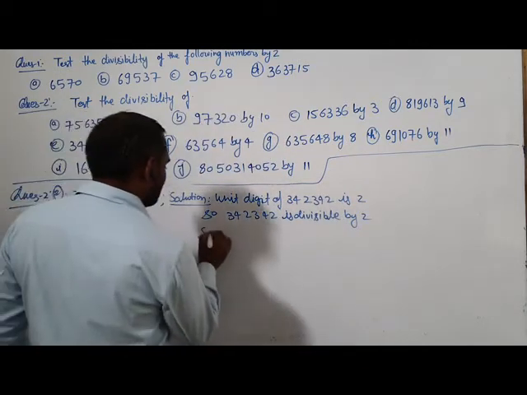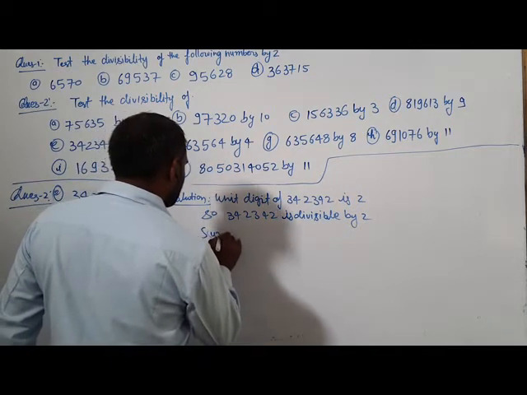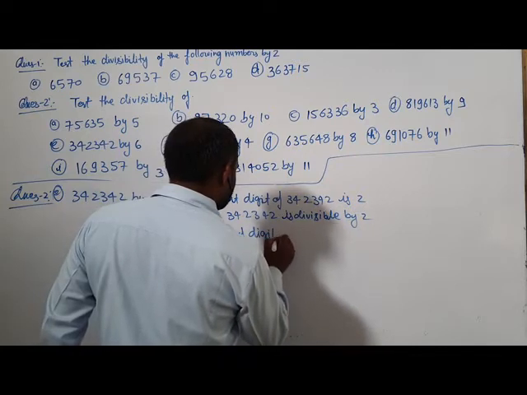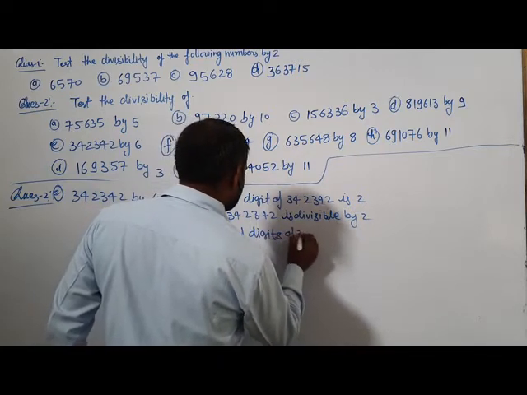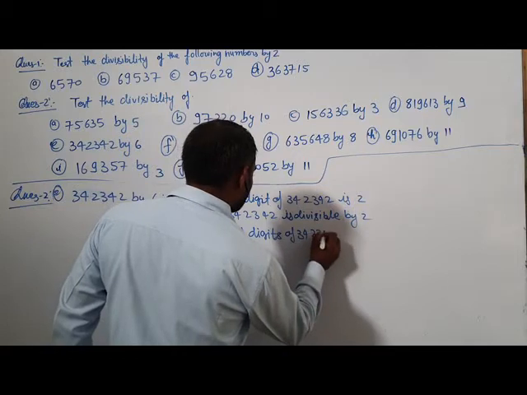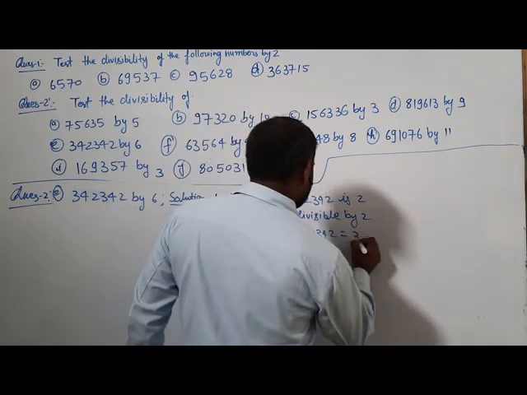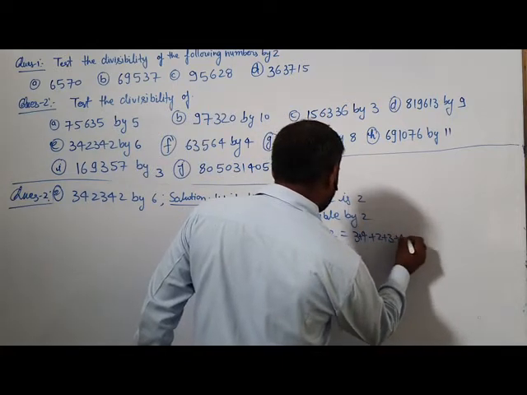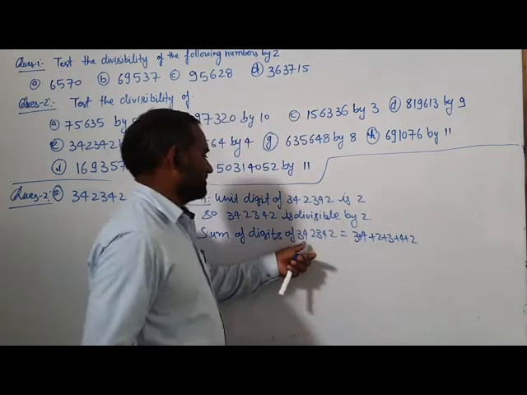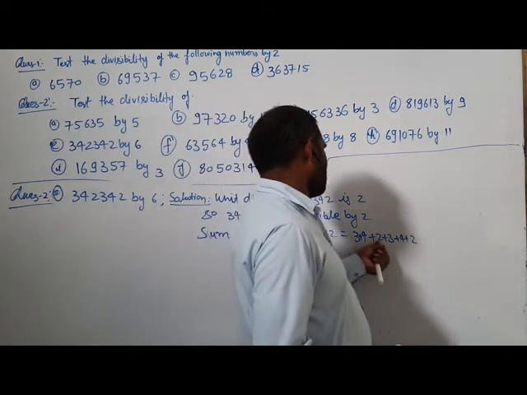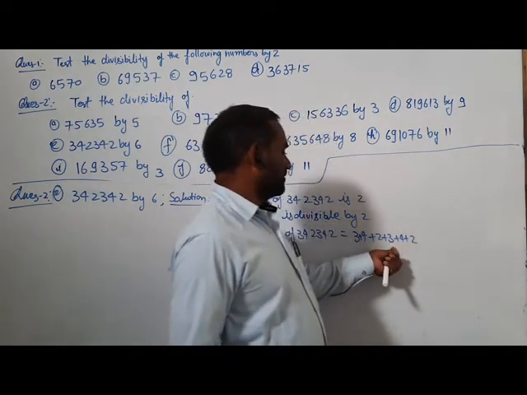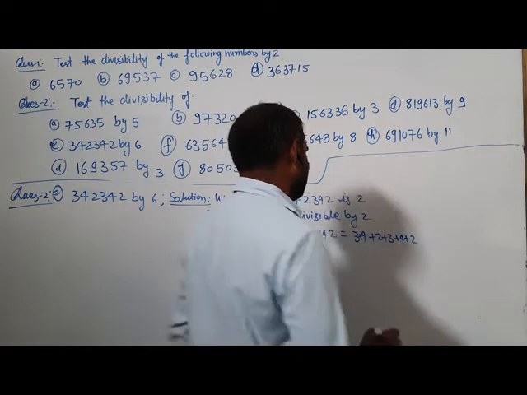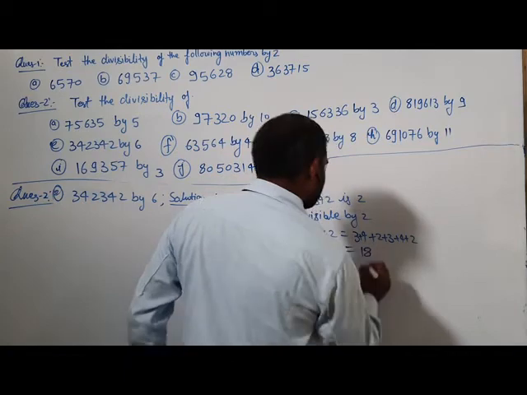Sum of digits of 3 4 2 3 4 2 equals 3 plus 4 plus 2 plus 3 plus 4 plus 2. 3 and 4 is 7, 7 and 2 is 9, 9 and 3 is 12, 12 and 4 is 16, 16 and 2 is 18.